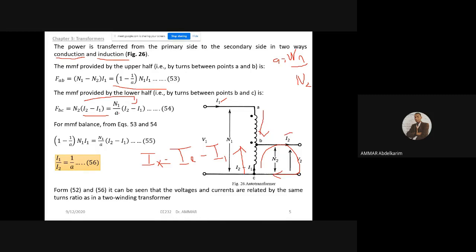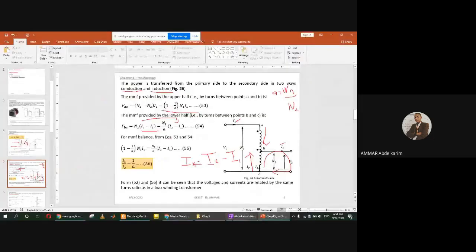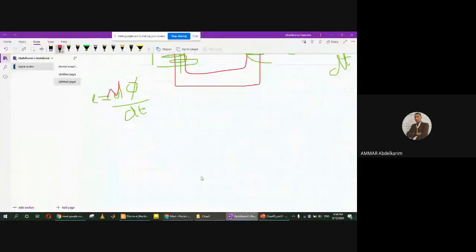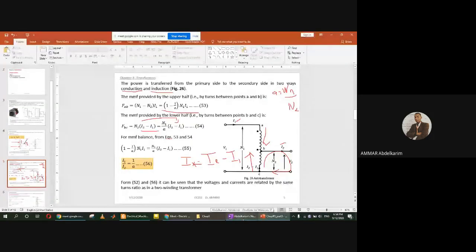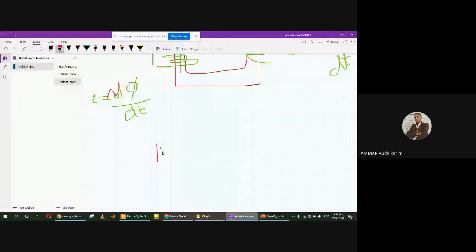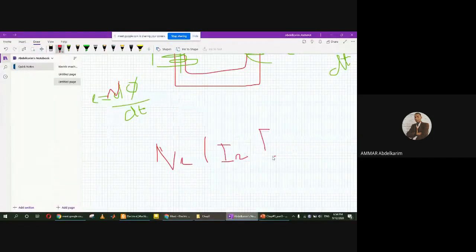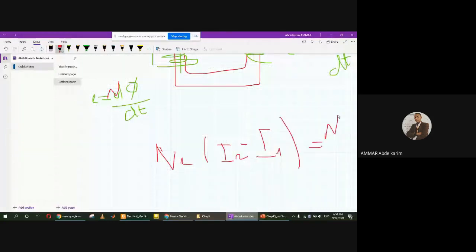Let's look at the table. So the MMF, according to this expression, N2 times (I2 minus I1), and N2 equals N1 over A. How can we pass from this expression to this expression?